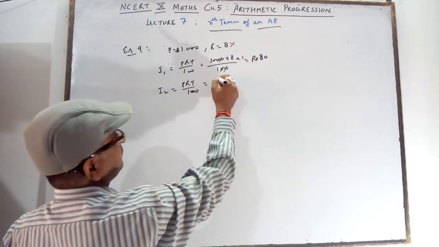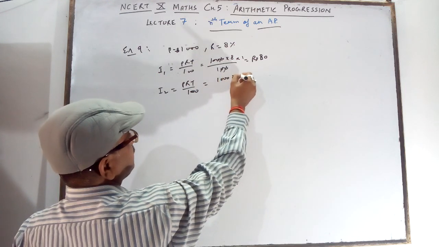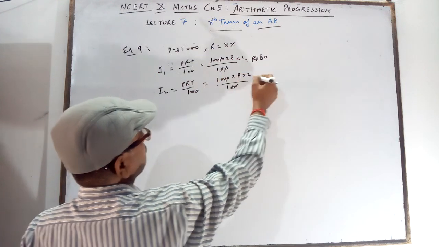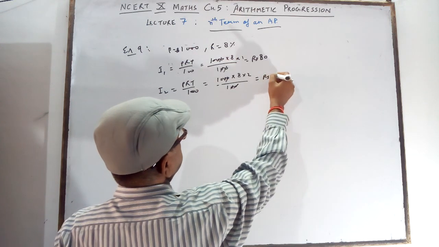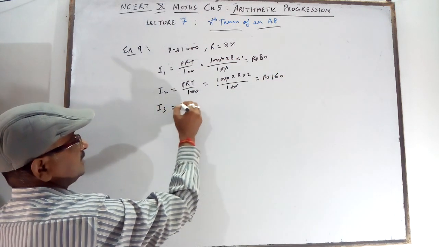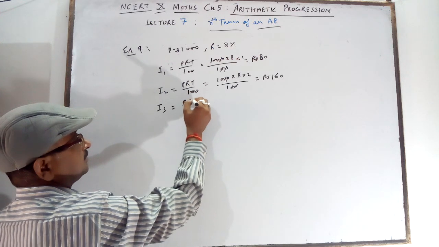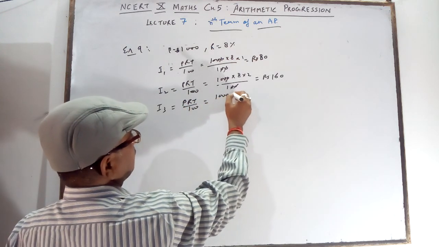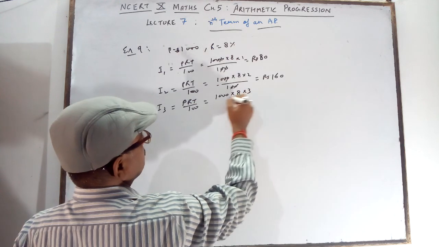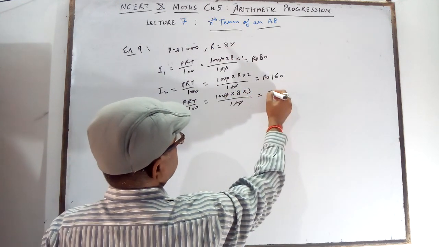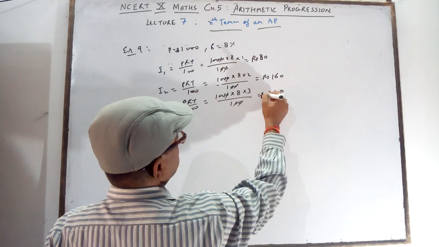For 2 years, it will be 1000 into 8 into 2 upon 100, so you will get rupees 160. Similarly, I3 we will get PRT upon 100, 1000 into 8 into 3 upon 100. So 8 3s are 24, rupees 240.